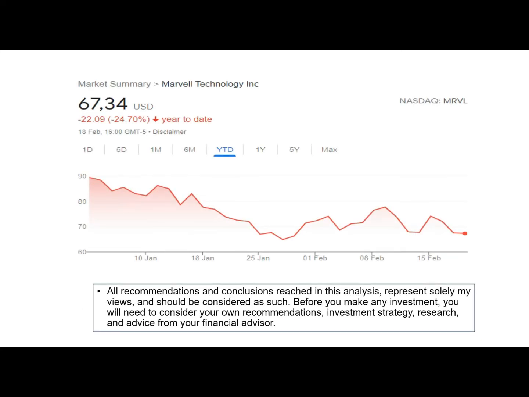So the share price, as normal, there has been a bit of a repricing in the market. Most high growth stocks are down, but overall, I think investing in Marvel has to go on your belief as well as your judgment of the metrics.